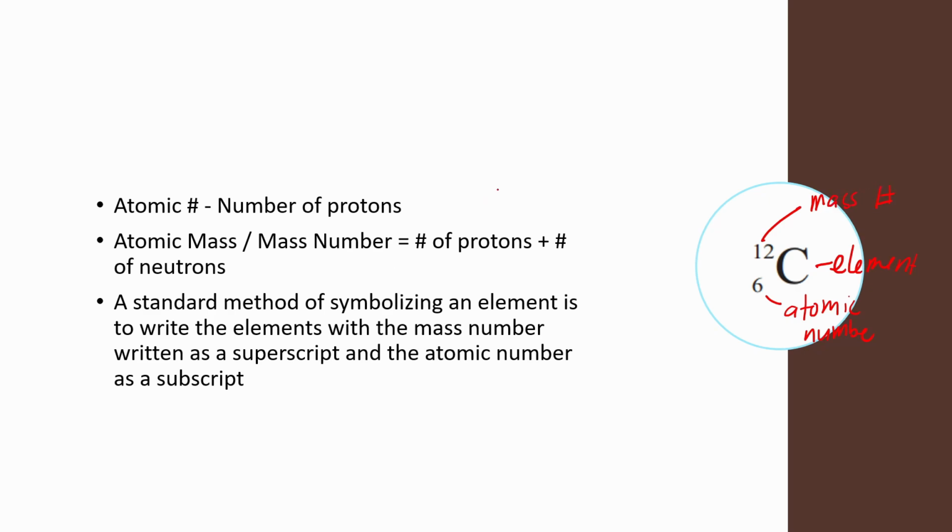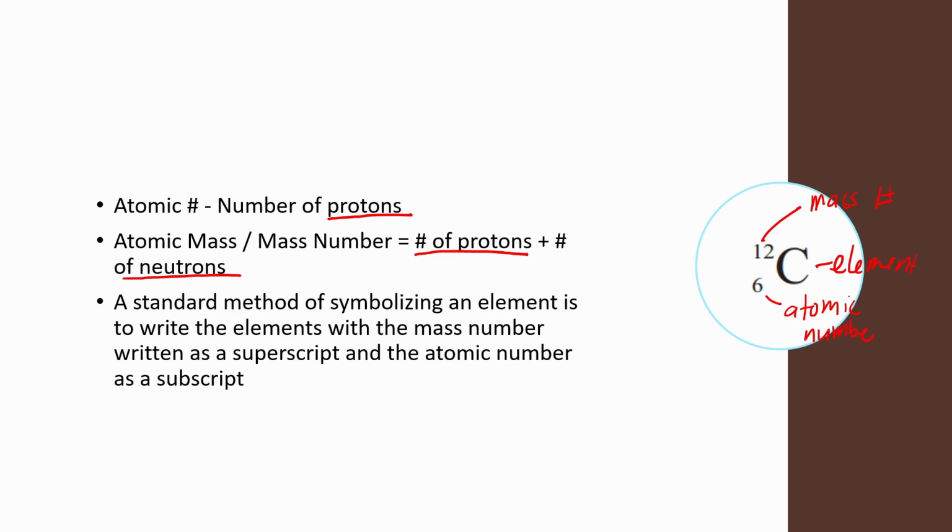The atomic number is defined by the number of protons. Okay? So the atomic number of an element is defined by the number of protons of the element. And the atomic mass, or the mass number, is the sum of the number of protons and the number of neutrons. Please take note that the atomic number of elements does not change.